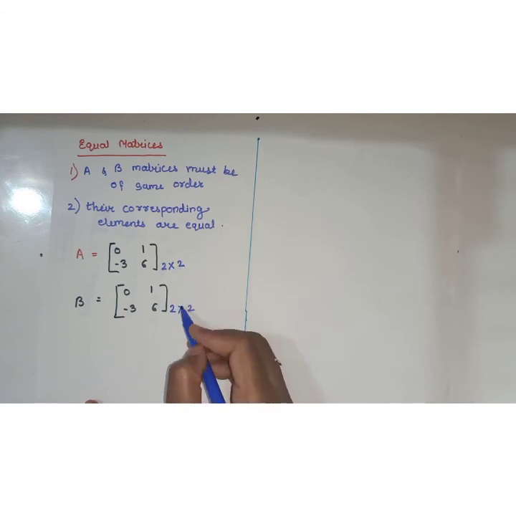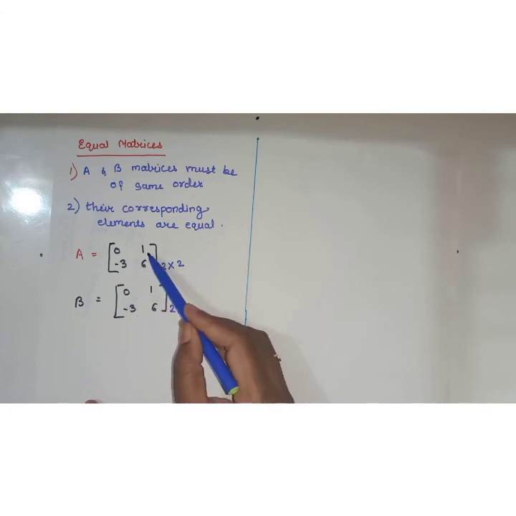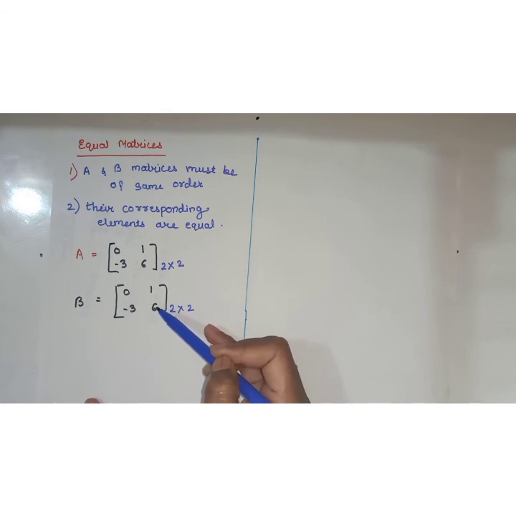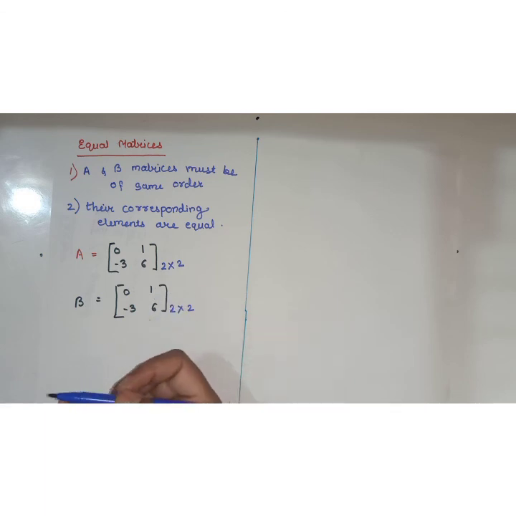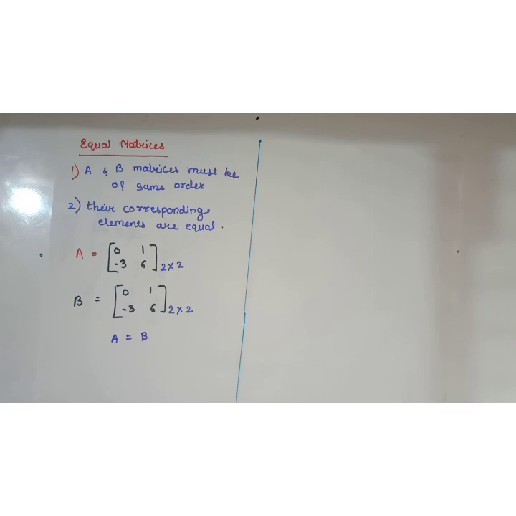And each element is also the same: 0 and 0, 1 and 1, minus 3, 6 and 6. Their corresponding elements are equal, so we can say matrix A equals matrix B.